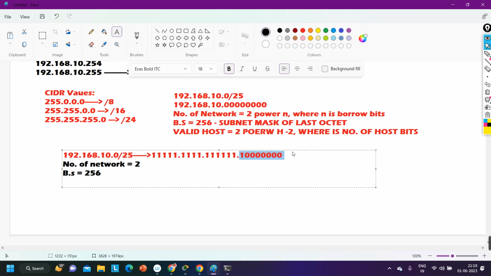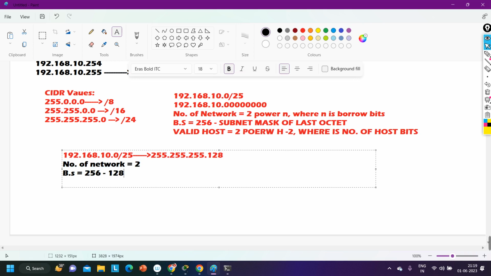The decimal value of this is 128. So whenever I am using /25, my new subnet mask will be 255.255.255.128. The last octet subnet mask is 128.